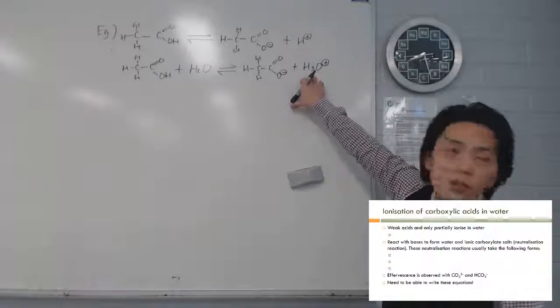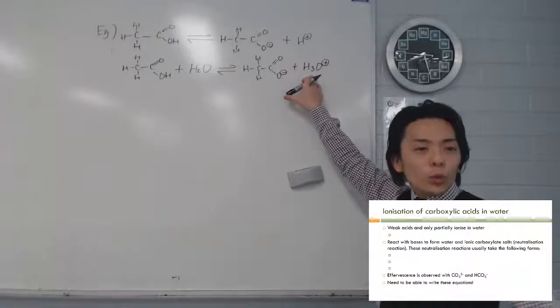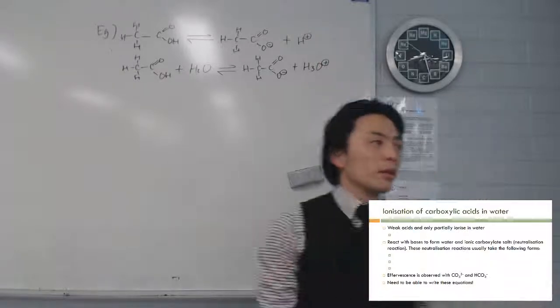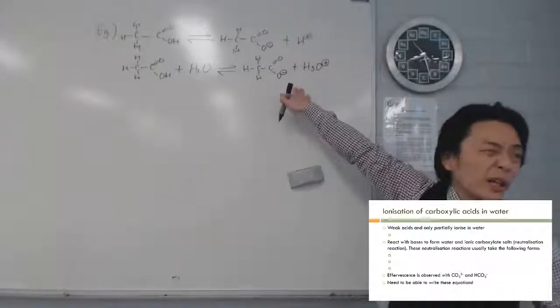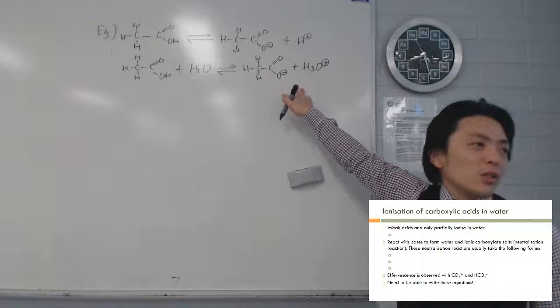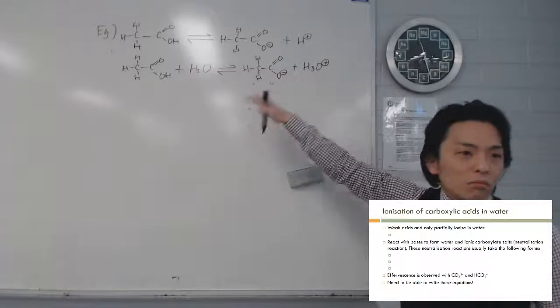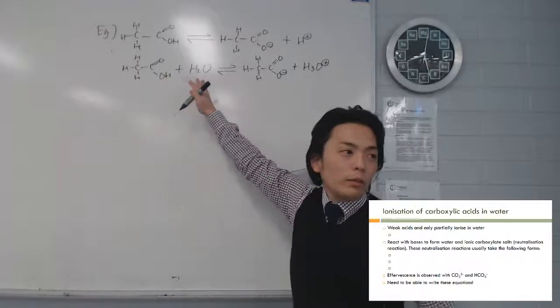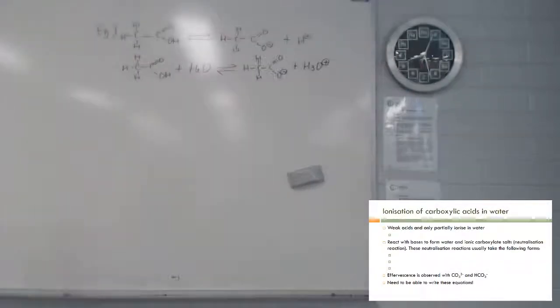Do you remember what this ion is called? Good, hydronium ion. Yeah, hydrogen ion, hydronium ion. This is a lot more, I guess, realistic representation, because a solution is made with acid and water. Yeah, it's very hard to get 100% of acid like this one.